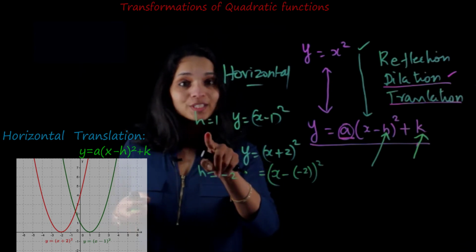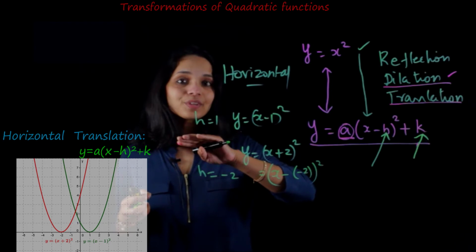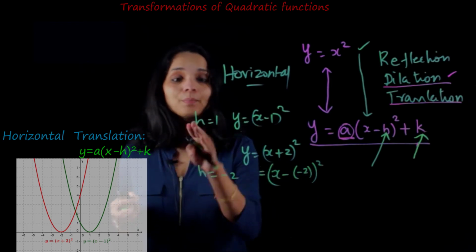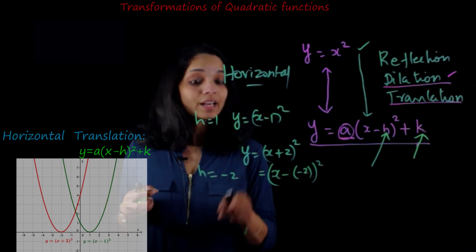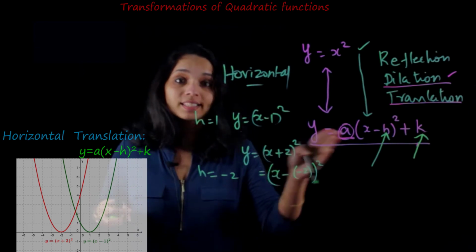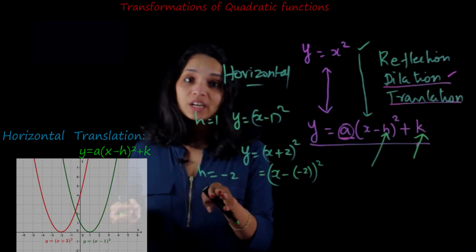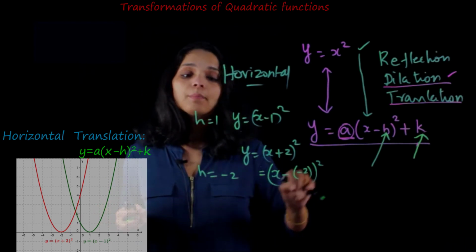If h is positive, as in (x − 1)², the graph is translated to the right by h units. And if h is negative, or if the equation is of the form x plus something, the graph is translated to the left by that many units.